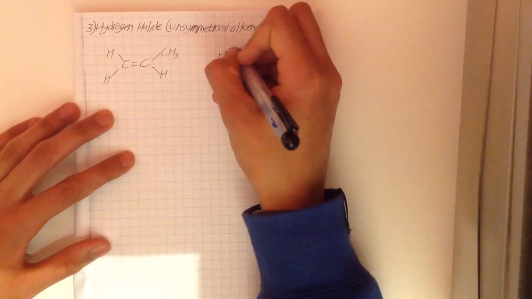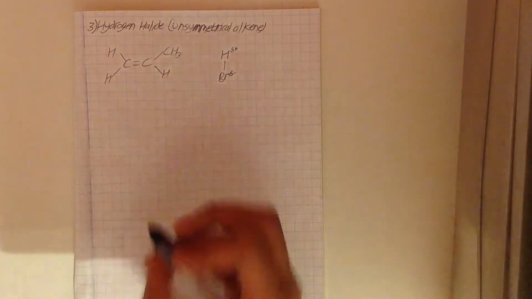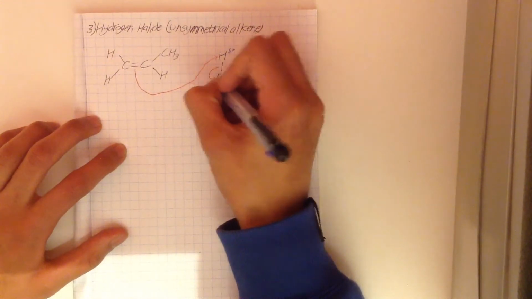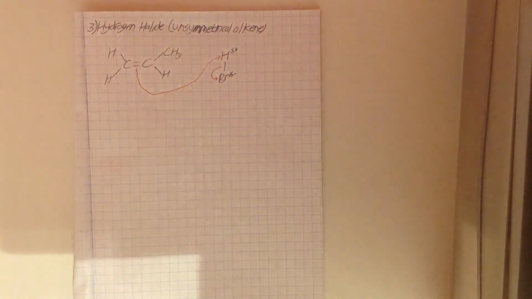delta positive and the bromine will be slightly delta negative. And so what will happen is we'll have an arrow going from our double bond towards our hydrogen, and then that will break this bond, and that's the first step. Now this is the hard step where we have to get our head around what happens here, because it's very easy to confuse where we put the carbocation.